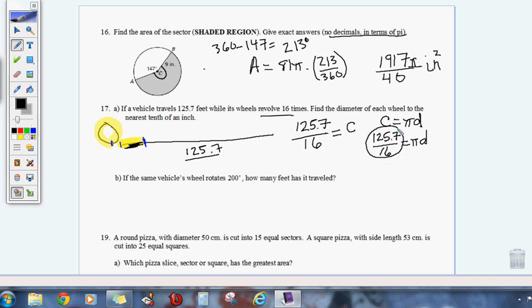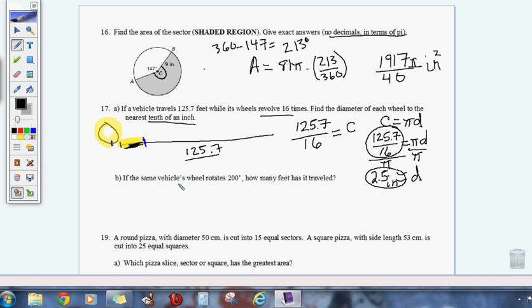Remember, this is just a number. You know, we can put that on our calculator, get that number. What we want to do is we want to divide by pi. So we're going to take that and we're going to divide by pi. So the diameter comes out to approximately 2.5 when we round it to the nearest tenth of an inch. So 2.5 inches is the answer to this question.